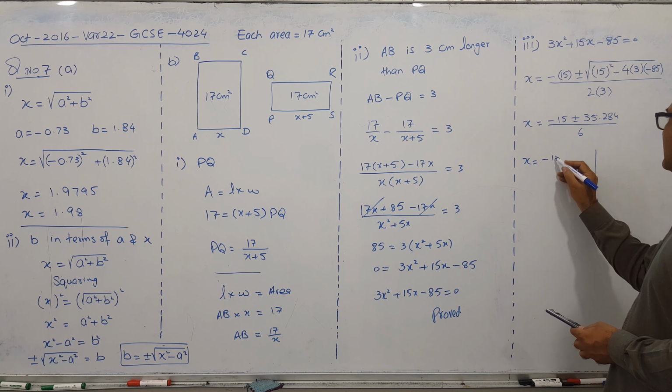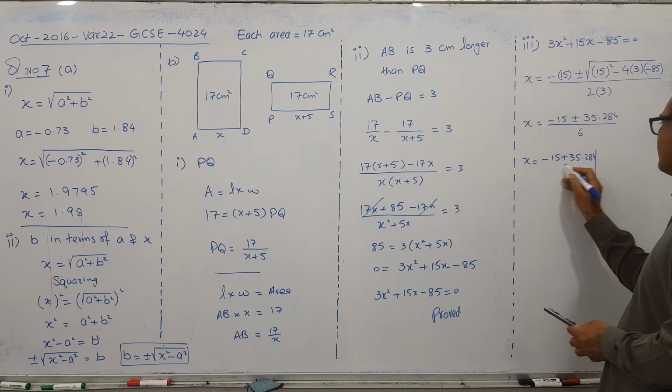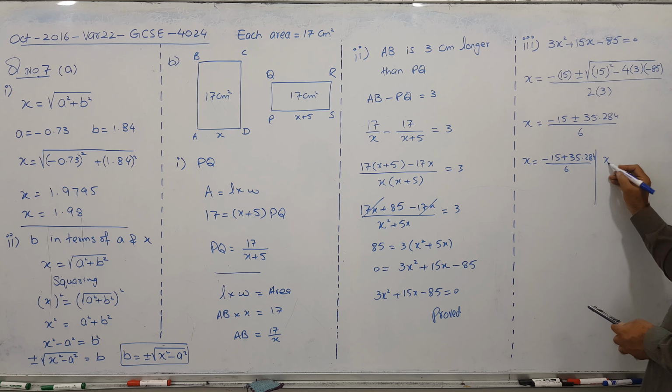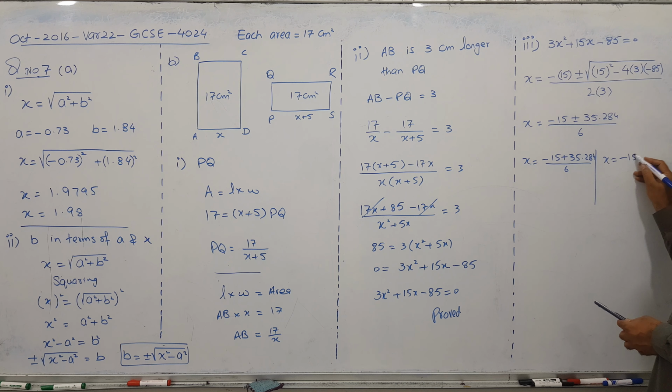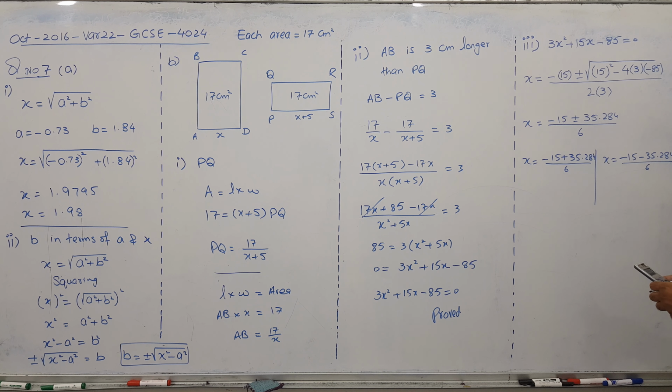And now divide in 2 parts. And this kind of working is necessary to show the examiner, otherwise you will lose marks. Okay, one time negative and one time positive. 284 by 6. And then you can type directly, no issue.